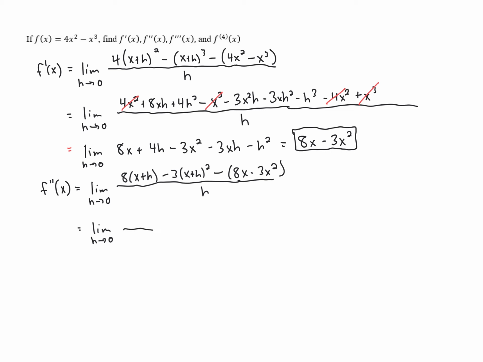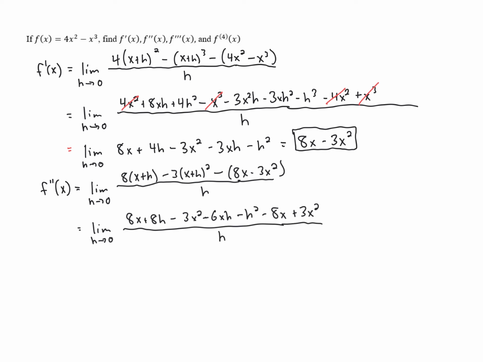We end up, when we expand things out, getting 8x plus 8h minus 3x squared minus 6xh minus h squared, and then minus 8x plus 3x squared, because we're distributing that negative, and subtracting a negative gives us a positive.